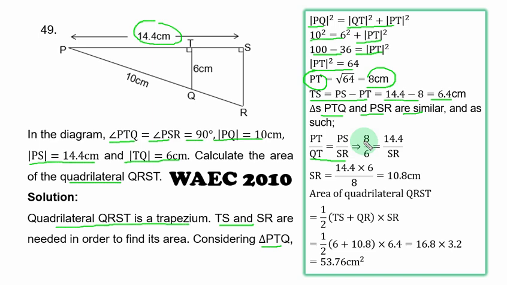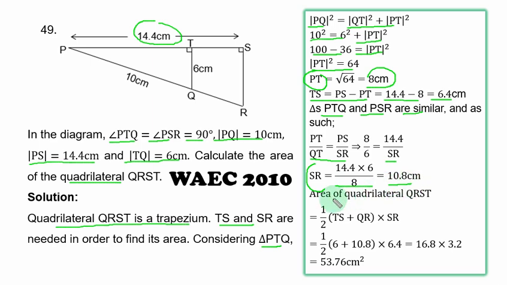PT is 8, QT is 6, equal to PS 14.4 over SR unknown. If you make SR the subject, you simply cross multiply and divide both sides by 8, and in this form you have 10.8 centimeters.